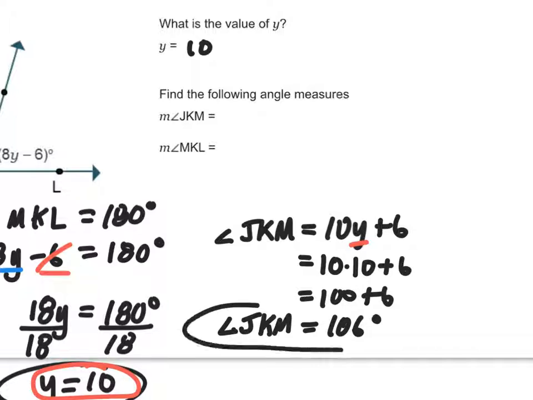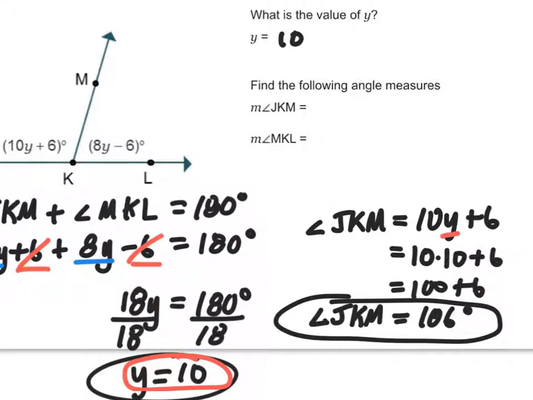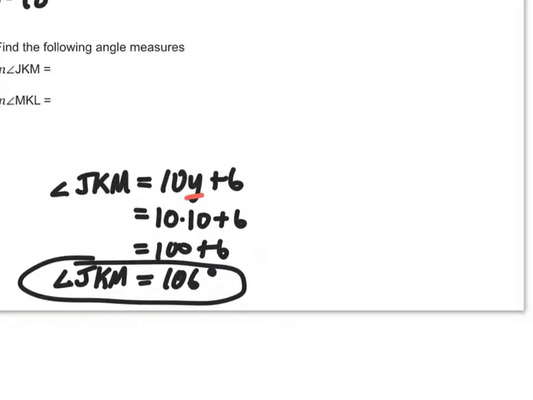Now, here's the thing. I don't necessarily have to plug 10 back into this one. I could just know that they're supplementary, and figure that out by setting up an equation. I could say 106 plus angle MKL, if I add those together, I'm going to get 180.